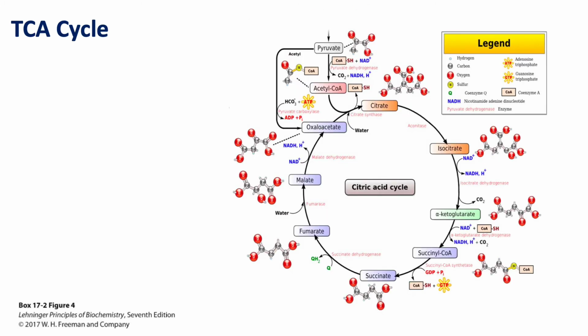So what happens to the succinyl-CoA? The succinyl-CoA that we produced is going to enter the TCA cycle right over here. It is going to go further into the TCA cycle, and as it does so, it's going to produce ATP, it's going to produce FADH2, it's going to produce NADH.